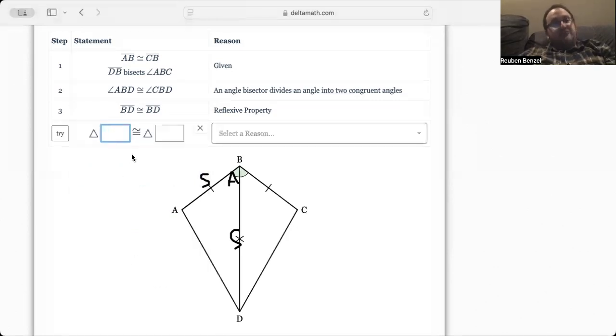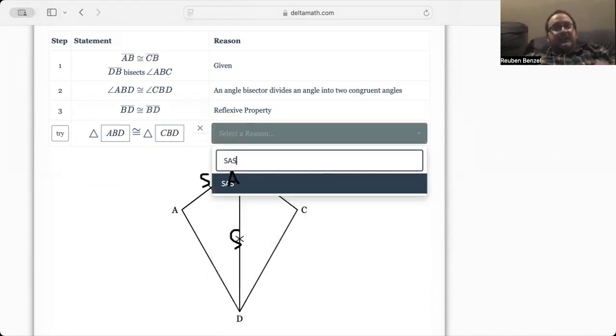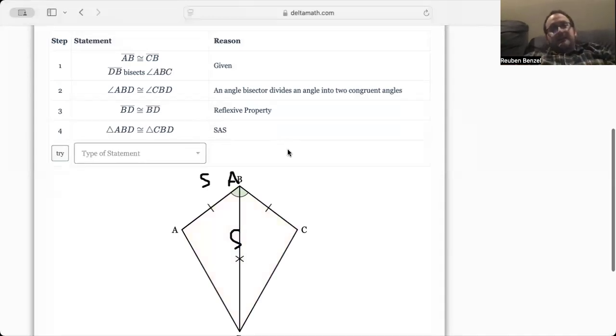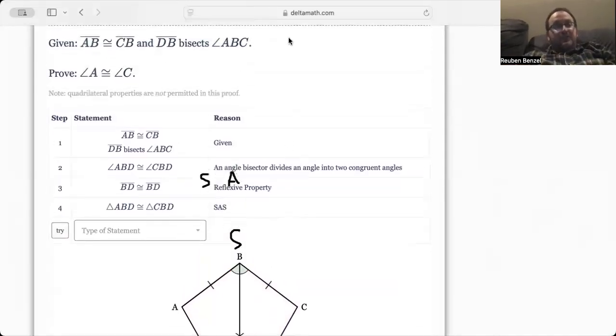So we are showing that the triangles are congruent. So we're going to say that triangle ABD is congruent to triangle. So A matches with C. B is in the same position. D is in the same position. And we said SAS for that. We'll try that.